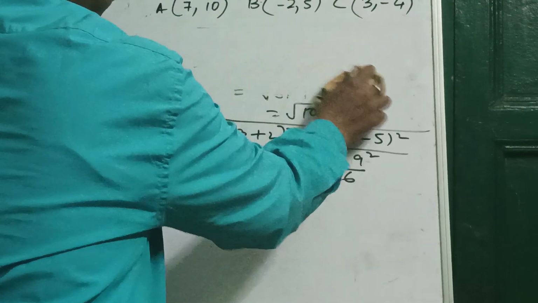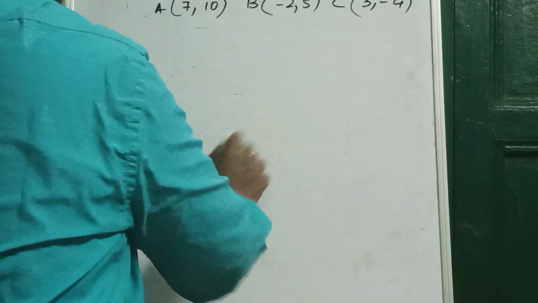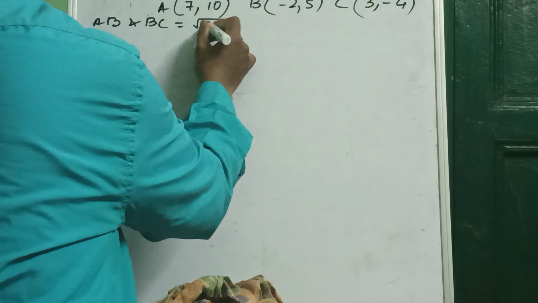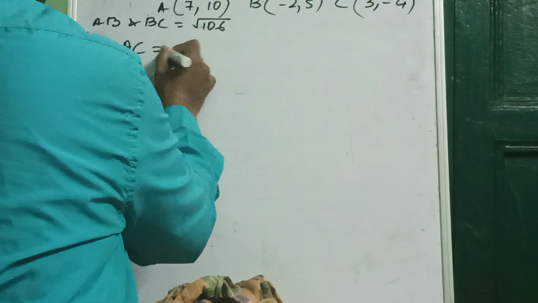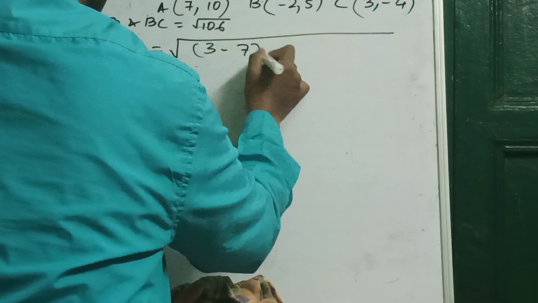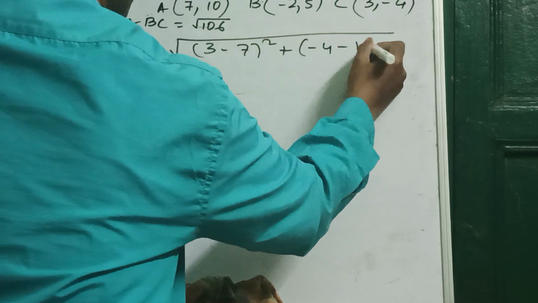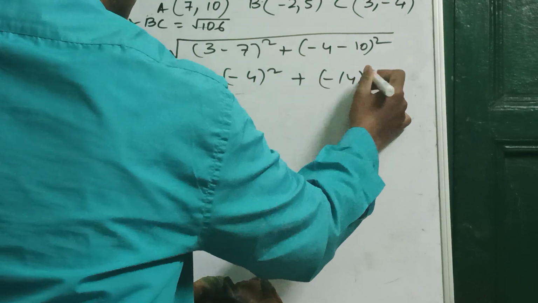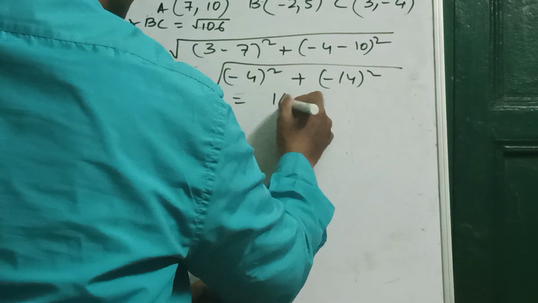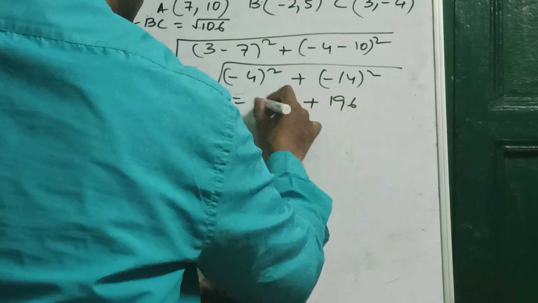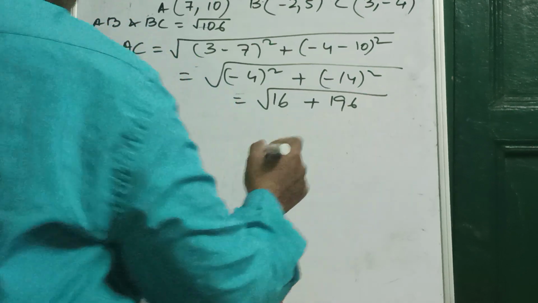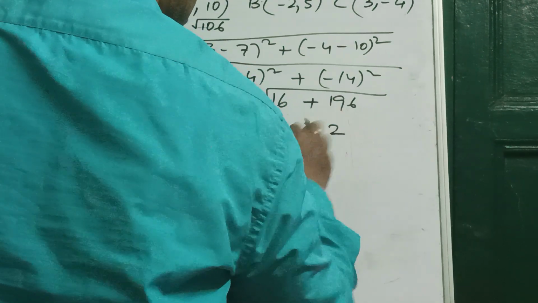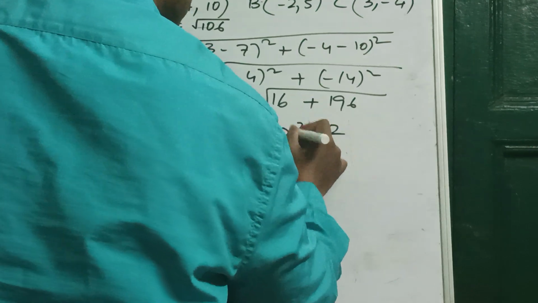But we need to check AC also. AB and BC are both root under 106. Now AC equals 3 minus 7 whole square plus minus 4 minus 10 whole square. So we get minus 4 whole square and minus 14 whole square. 4 square is 16, minus 14 whole square is 196. 212, root under 212.